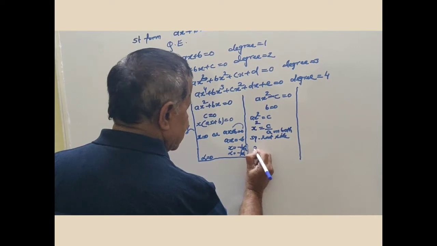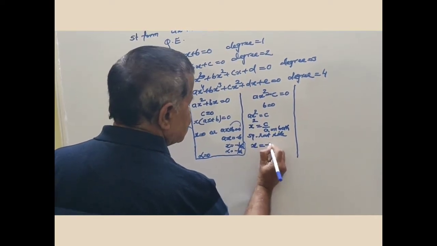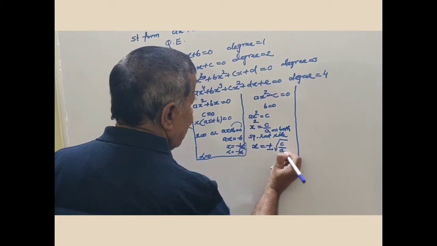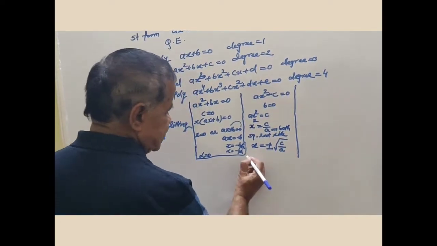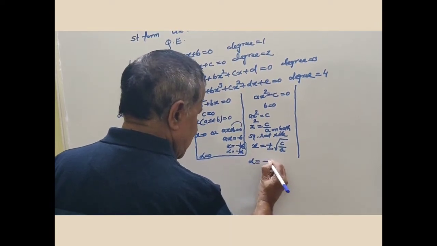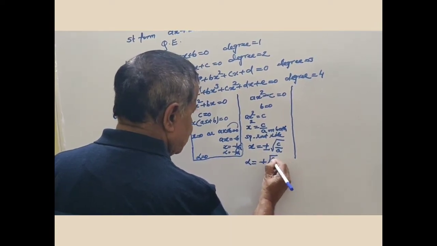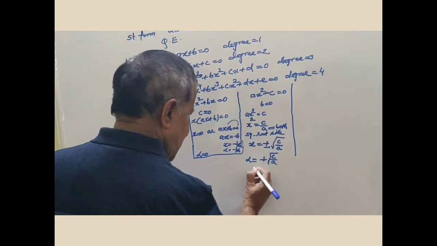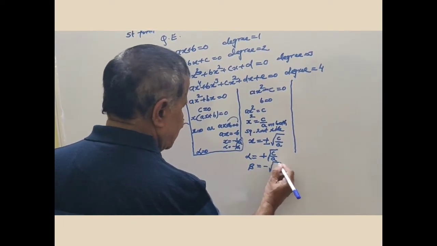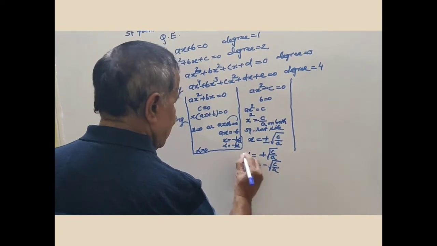So x is equal to plus minus under root of c upon a. This is the equation, means alpha is equal to plus under root of c upon a and beta is equal to minus under root of c upon a.